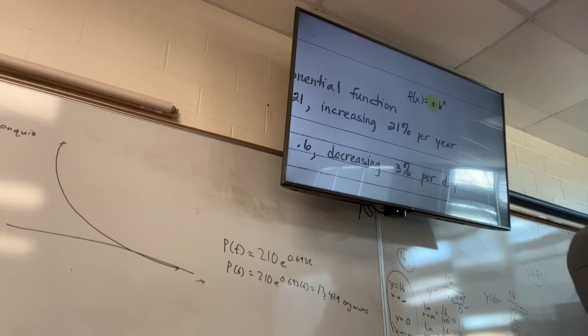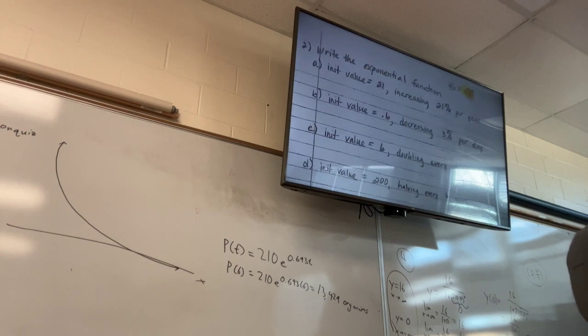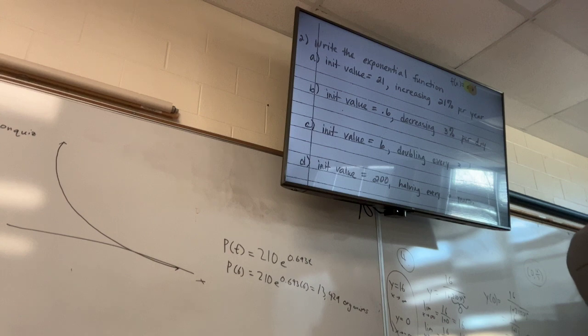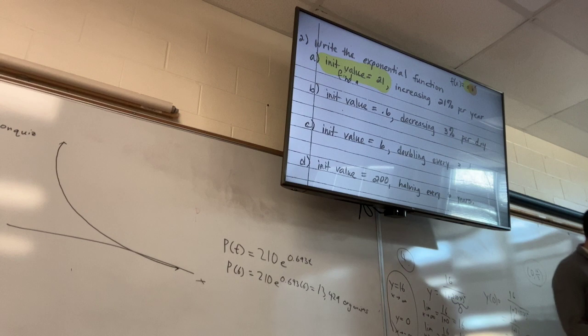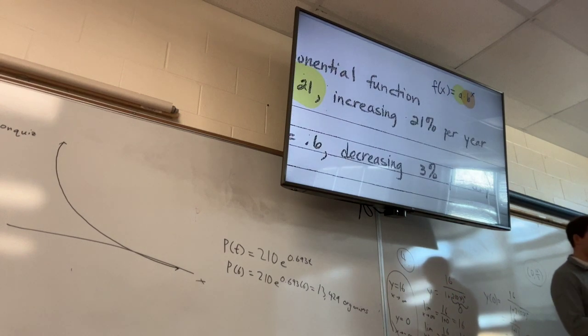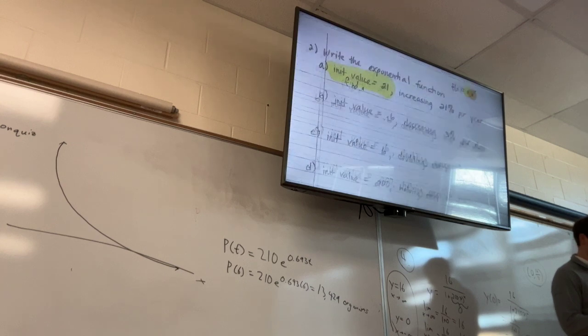Okay. So then, to write an exponential function, you just need to find a and you need to find b. Let's use this first one. Let's use the initial value equals 21 to find a. So what do I plug in? Initial value equals 21. What do I plug into this general form?